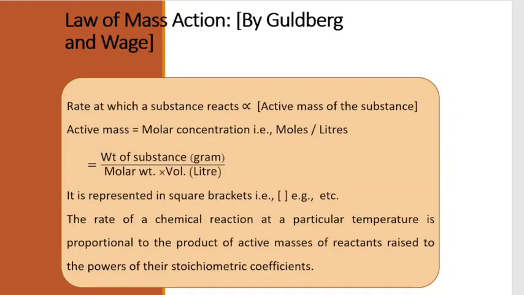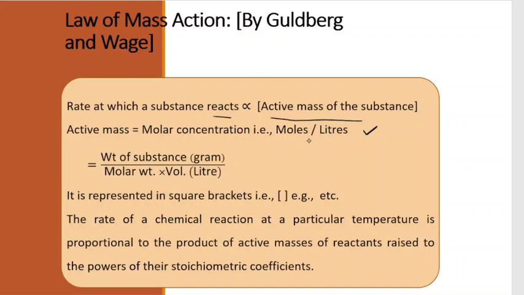If we consider any reaction, the rate at which the substance reacts is always directly proportional to the active mass of the substances. Active mass is nothing but the molar concentration, or the mass of the substance that is actively participating in the reaction. The molar concentration, expressed in moles per liter, is nothing but the active mass.